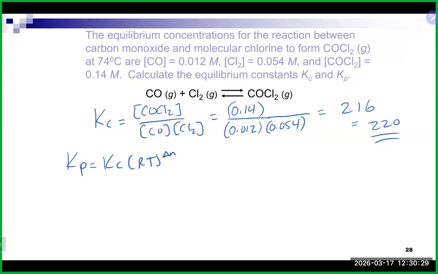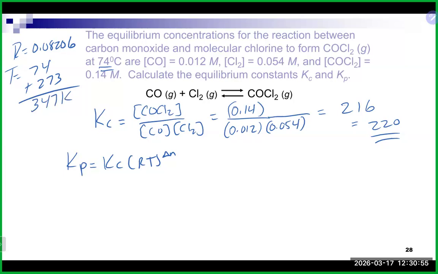There are a few things we need to figure out. First off, R is a constant, 0.08206. The temperature needs to be converted into Kelvin: 74 plus 273 gets us 347 Kelvin.